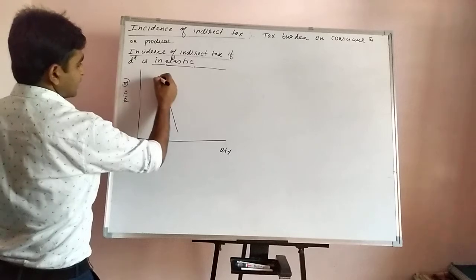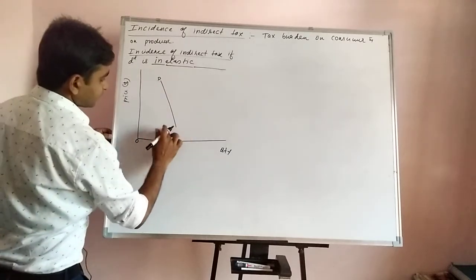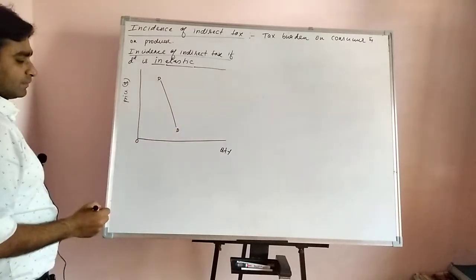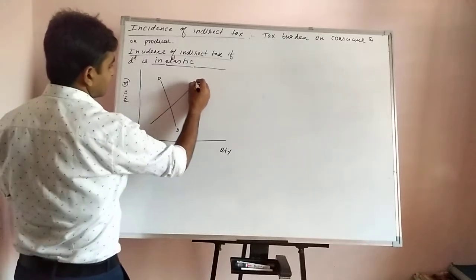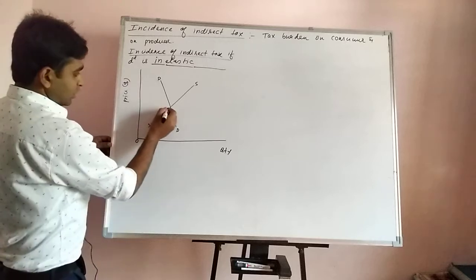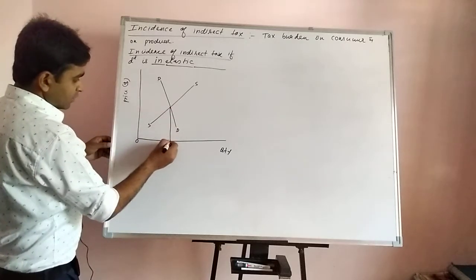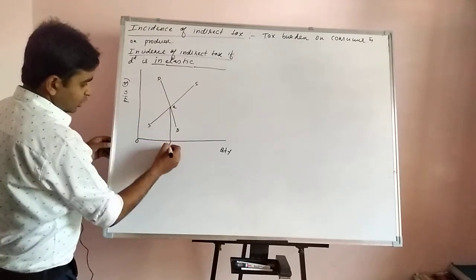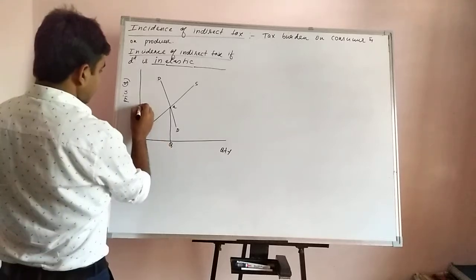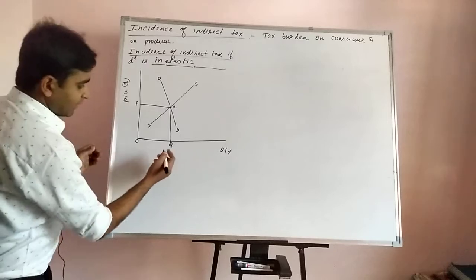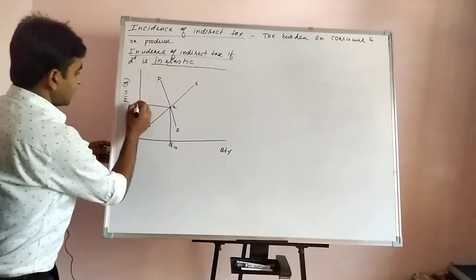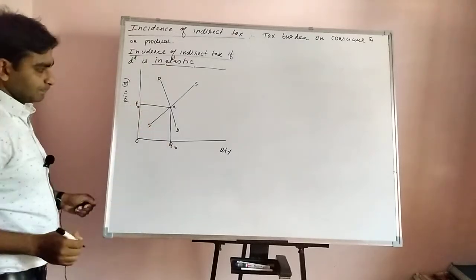Okay, this is the steeper demand curve, and supply curve as usual we'll draw a normal supply curve SS. We got an equilibrium point here E, and equilibrium quantity is Q, equilibrium price is P. So we will give here some value, say example 10, and here also 10.